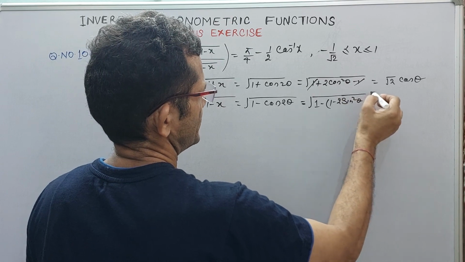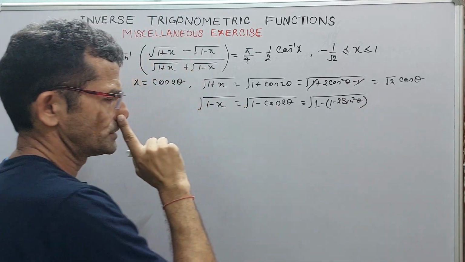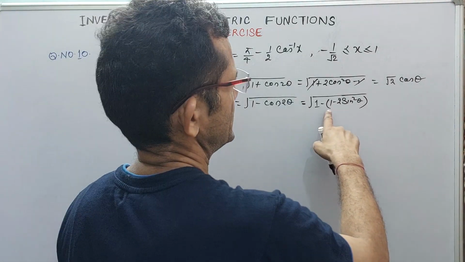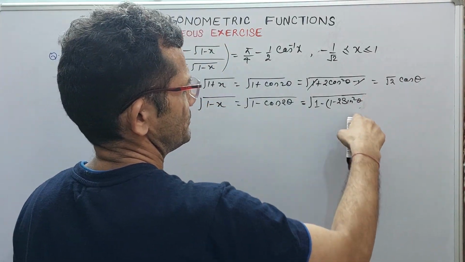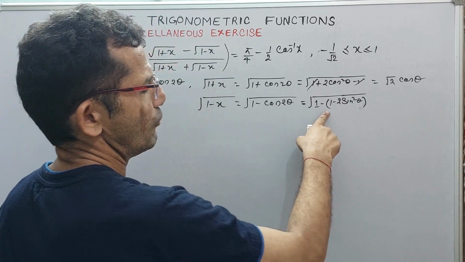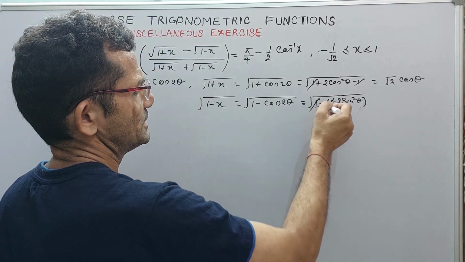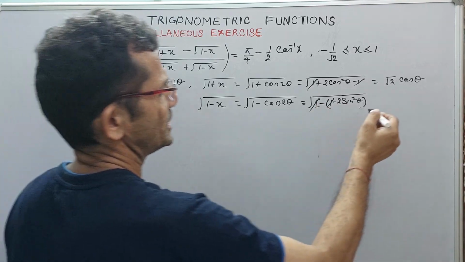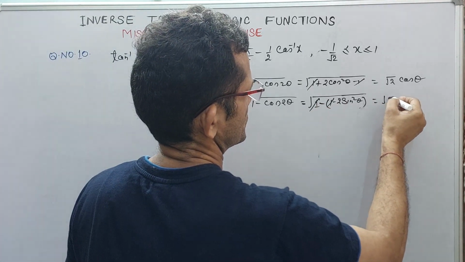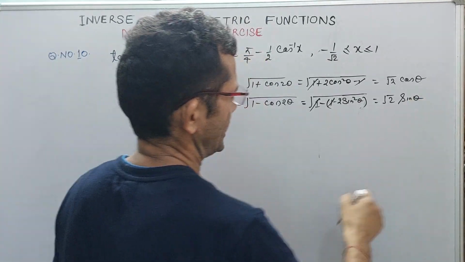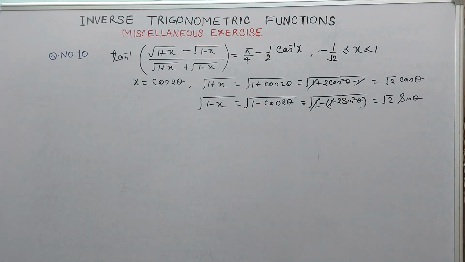Theta will be the sub angle of cos 2 theta. So the cos 2 theta is replaced with this one. If you simplify this, open the bracket and this 1 minus 1 cancels out, minus minus plus. So finally it becomes root 2 sin theta. So this is our value.